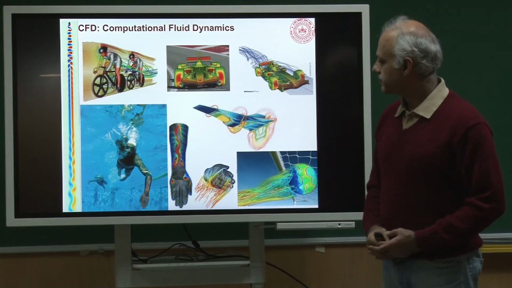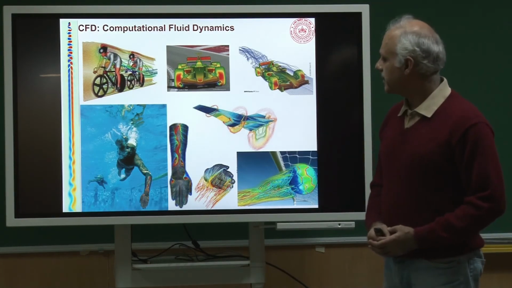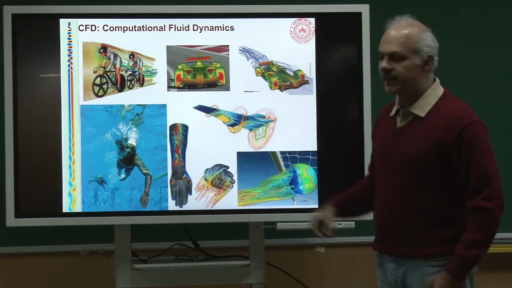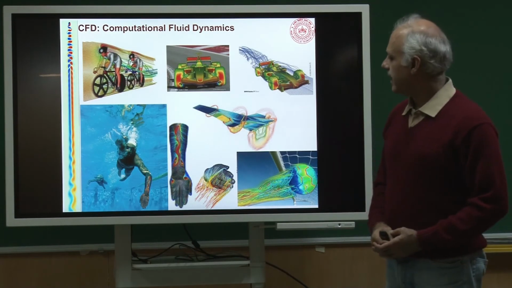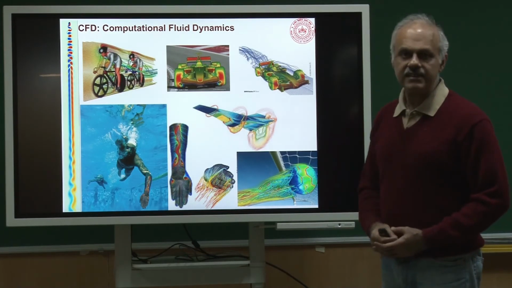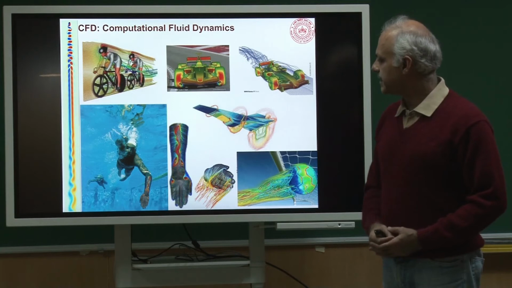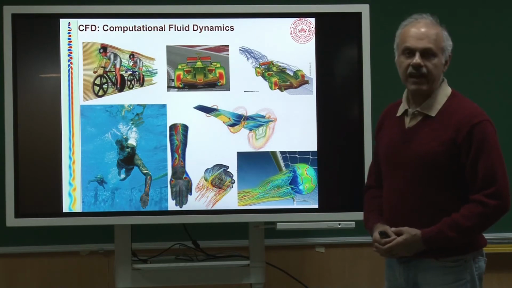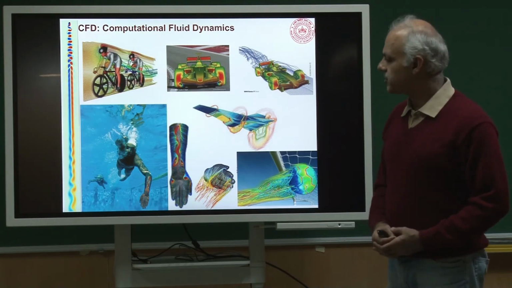Okay. This is a picture of an airplane, a hyperplane. So, there is this question of the air intake which is at the belly of the aircraft, and this has a ramjet engine, in fact a scramjet engine inside it, and one would like to see if the performance is optimal.